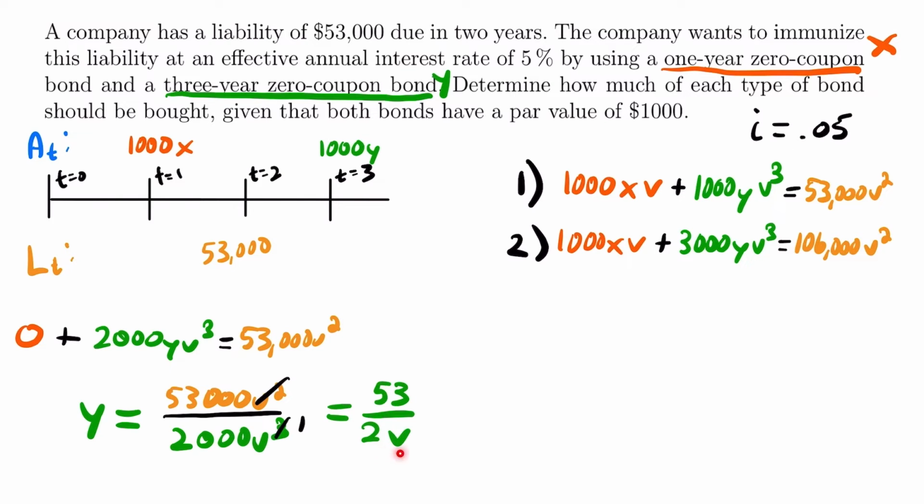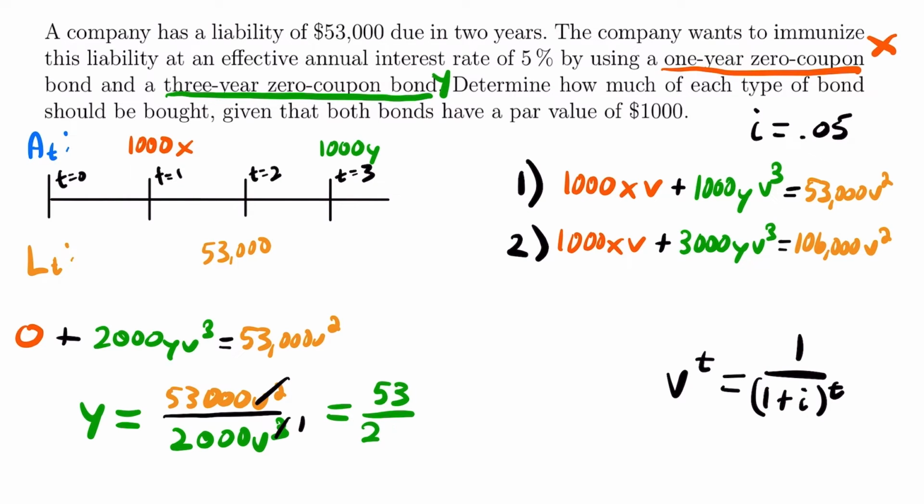And if you remember, the present value factor, v to the power of t, is equal to 1 divided by 1 plus i to the power of t. And so if we have v to the first power, then this is equal to 1 divided by 1 plus i to the first power, which will just be 1 divided by 1 plus i, and i is 0.05 in this case, so we'd have 1 divided by 1.05.